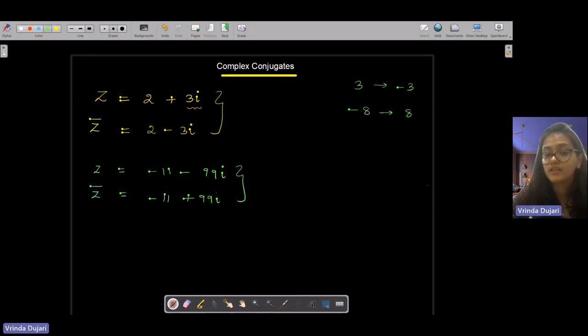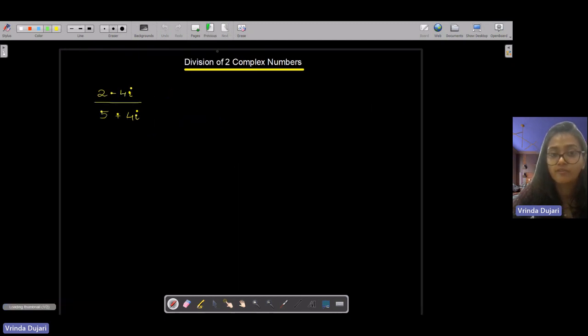So just like this, in case of complex numbers, we just change the sign of the imaginary part. Now, this concept is actually used in division of two complex numbers. So in Algebra 2, you have done addition, subtraction, and multiplication of two complex numbers. For division, we will use the concept of conjugate of complex numbers.